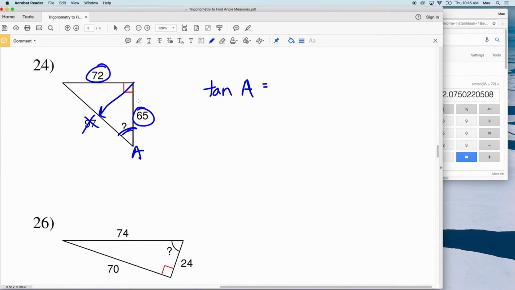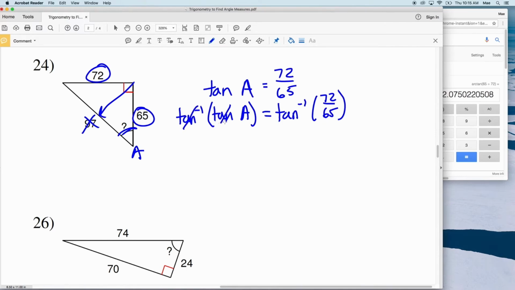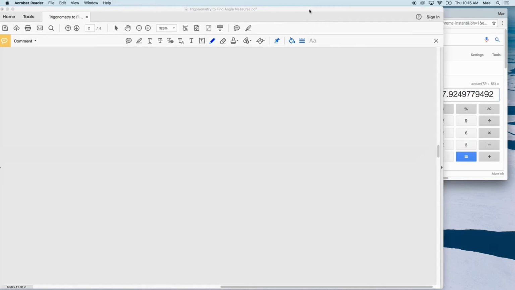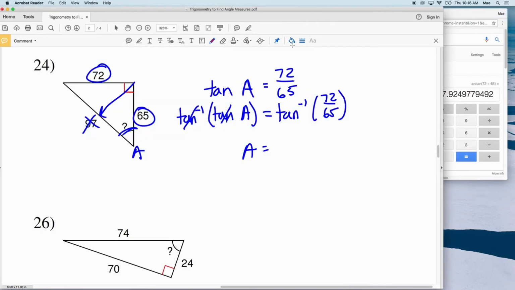So we're going to do TOA, so it's going to be opposite over adjacent. So our opposite side is 72 over our adjacent side, which is 65. The inverse tangent of the tangent of A is equal to the inverse tangent of 72 over 65, which is going to give us approximately 48 degrees.